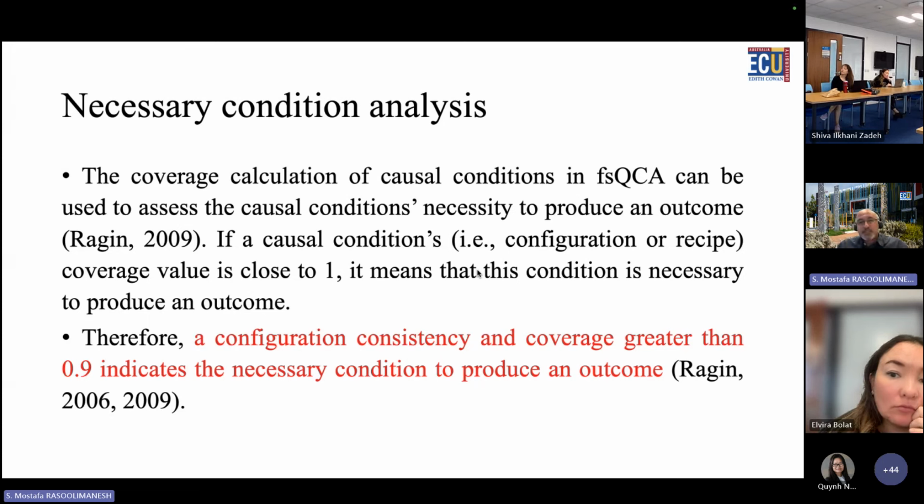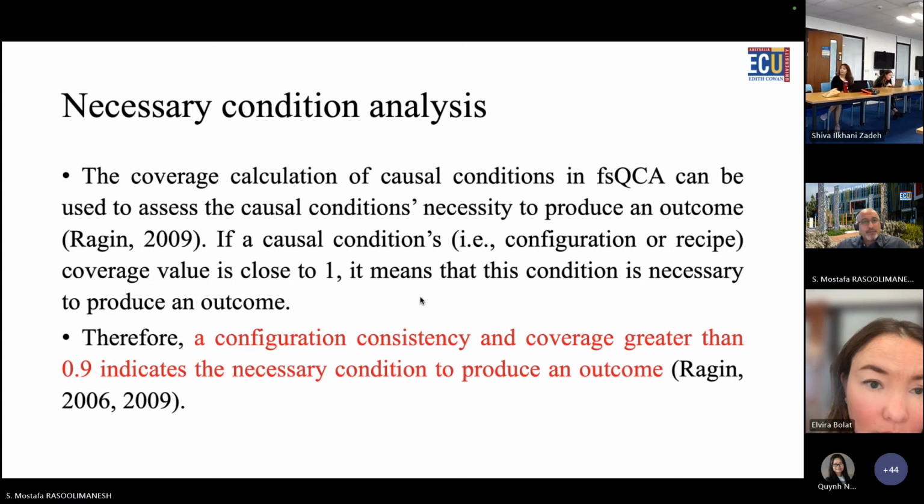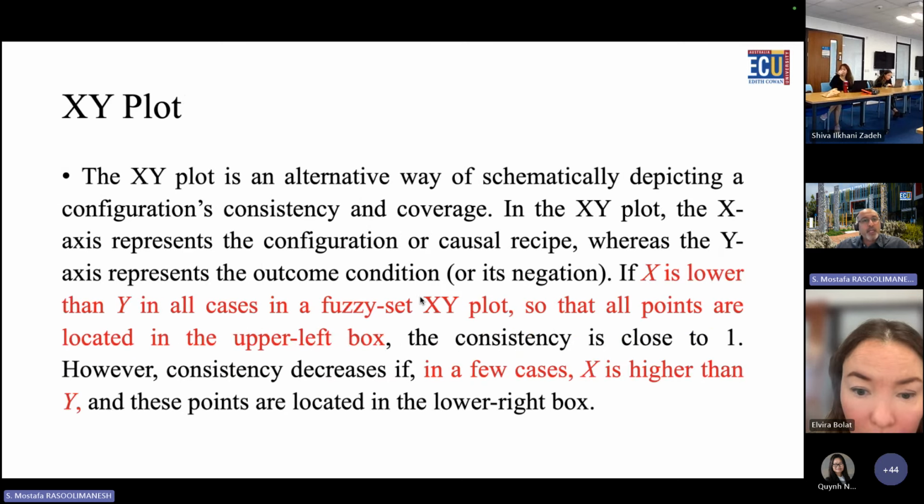So we are working on a paper that shows how necessity analysis can be done for configurations. Hopefully, we can get acceptance for this paper.